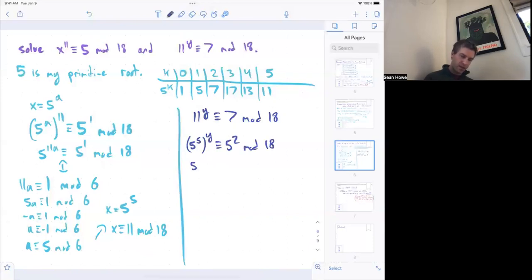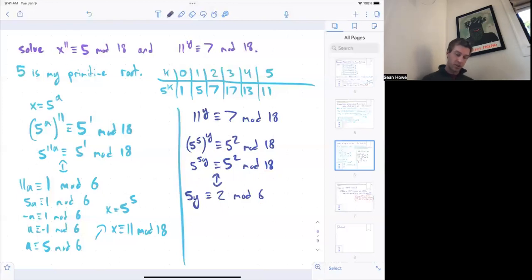Okay, so we get 5 to the 5y is congruent to 5 squared mod 18. Then there's a linear congruence between the exponents. So this becomes, just like the other problem, 5y is congruent to 2 mod 6. Your congruence mod 18 turns into a linear congruence mod phi of 18, so that's why we're getting the 6 here.